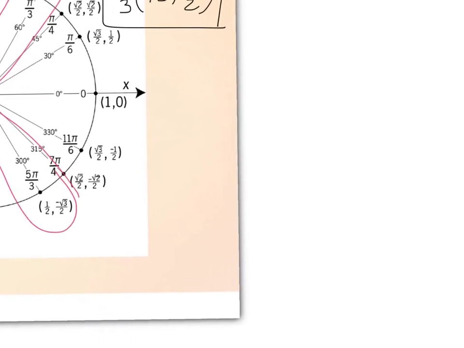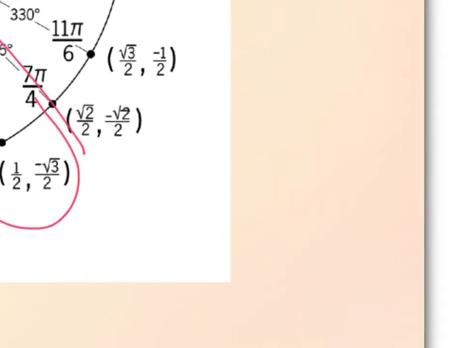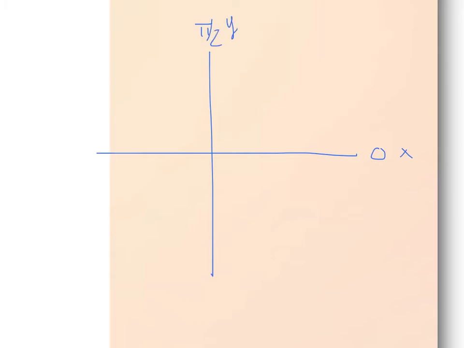Well, remember previously we talked about the following. Let's just draw it. When we start going around a circle, we start at 0 degrees or 0 radians. And then up here on the positive y-axis, we're at pi over 2 or 90 degrees. Here on the negative x-axis, I'm at pi. Here at the negative y-axis, I'm at 3 pi over 2.